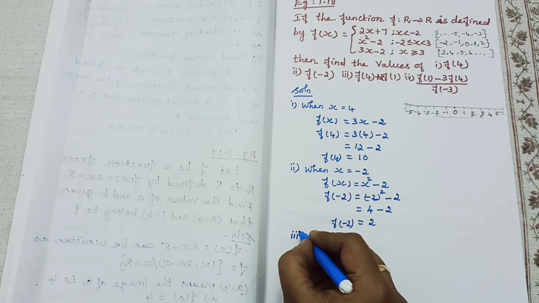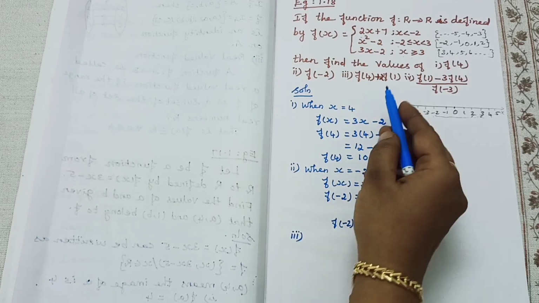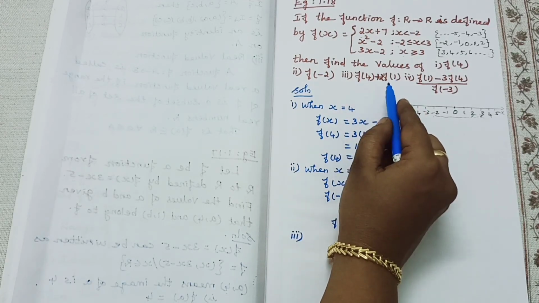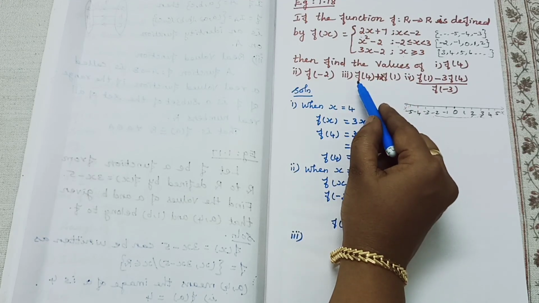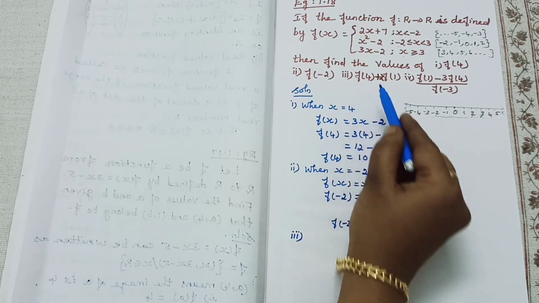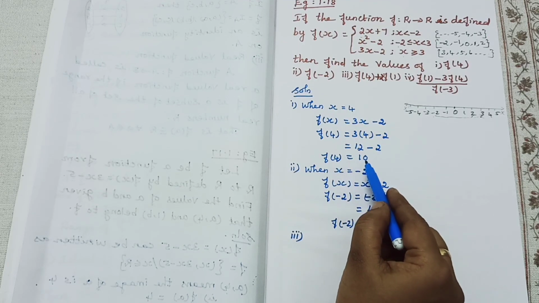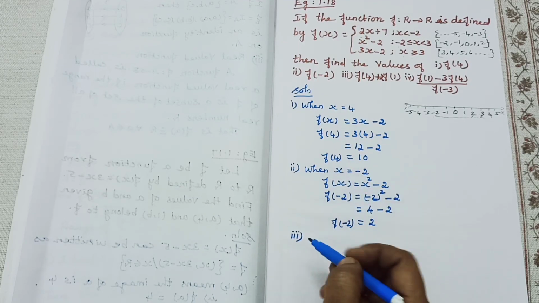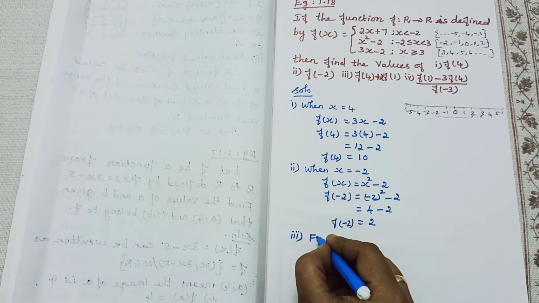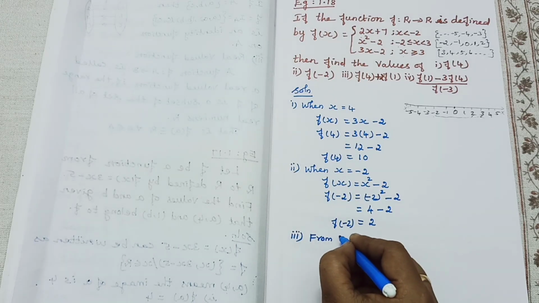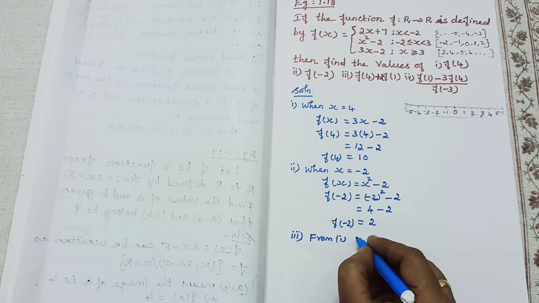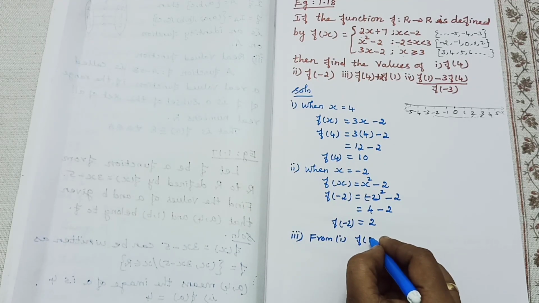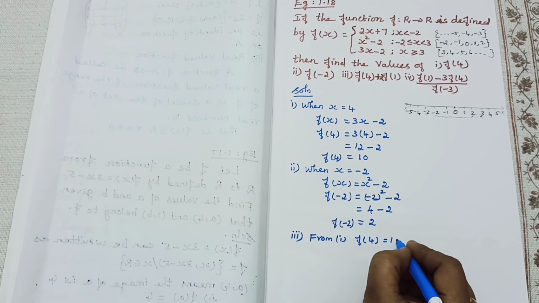Then next, you check 2 into f of 1. First we have to find f of 1. When x equal to 1, then f of x is equal to... come here, check it. Where is 1? In the second interval, isn't it? So we have to choose f of x is equal to x square minus 2.